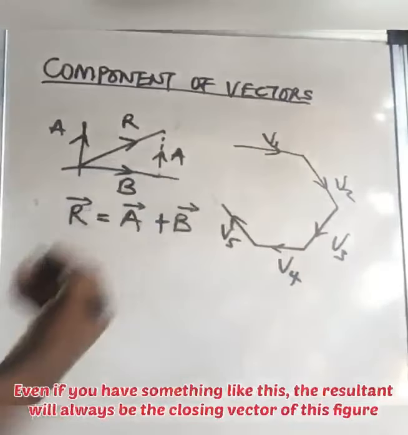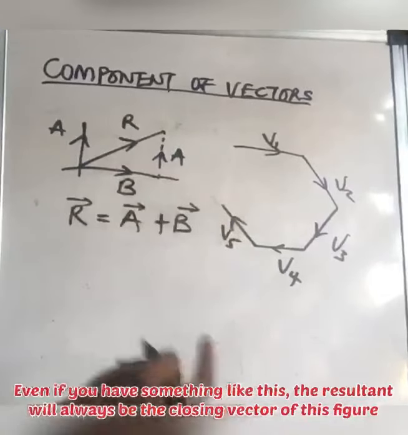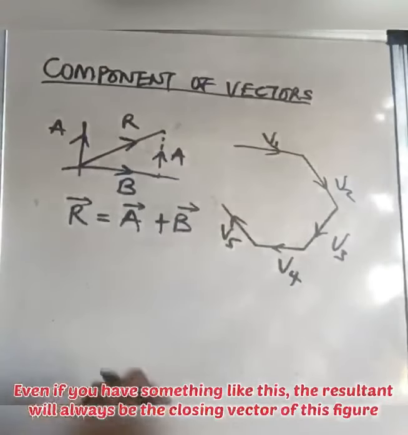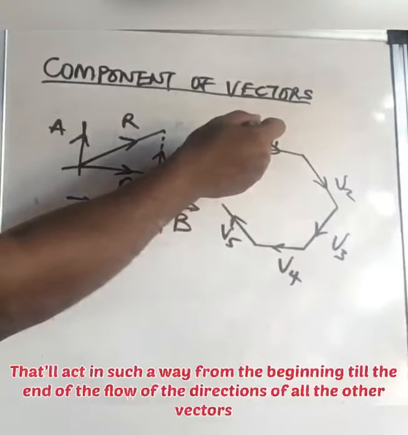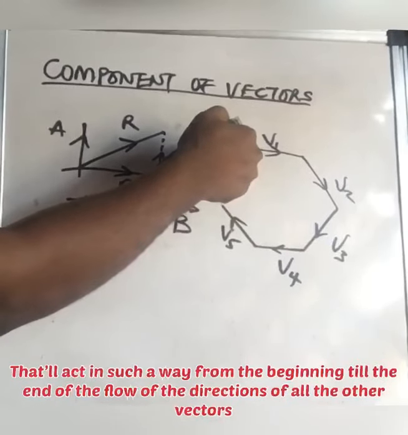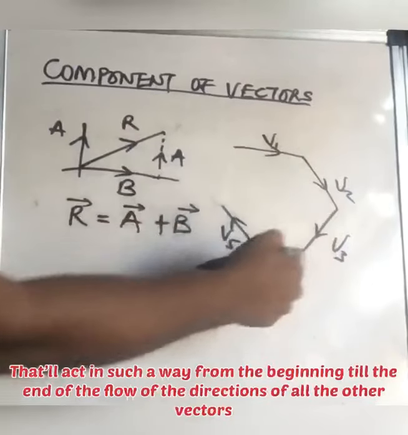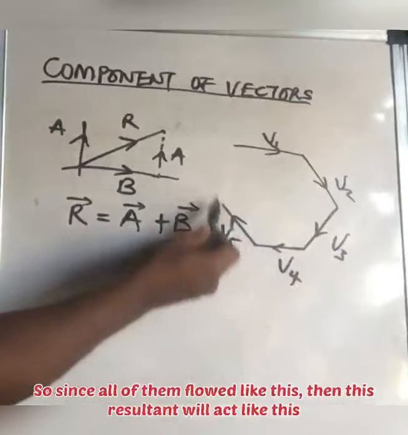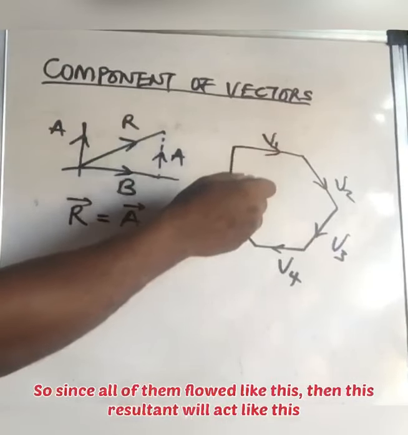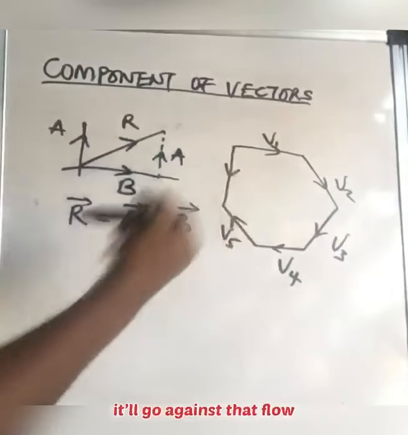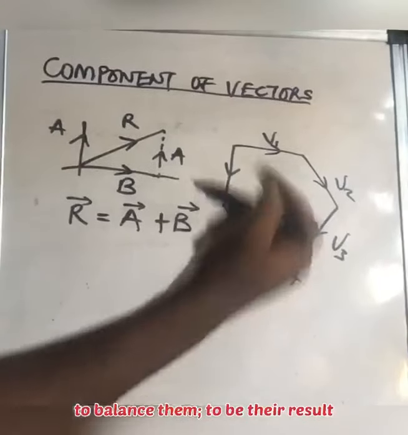Even if you have something like this, the resultant will always be the closing vector of this figure that would act in such a way from the beginning till the end of the flow of the directions of all the other vectors. Since all of them flowed like this, this resultant will act like this. It will go against that flow to balance them, to be their result.